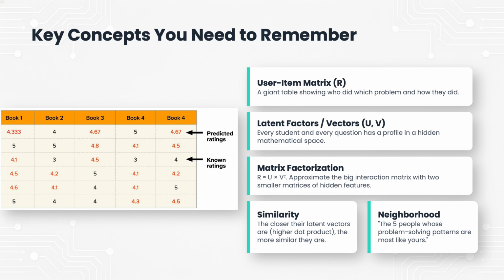We represent each student and each question as a vector in a hidden mathematical space. Matrix factorization is the process of taking that big matrix and breaking it down into the product of two smaller matrices of these latent vectors. Similarity is just a measure of how close two vectors are. Finally, a neighborhood is just a fancy term for the people most like you.